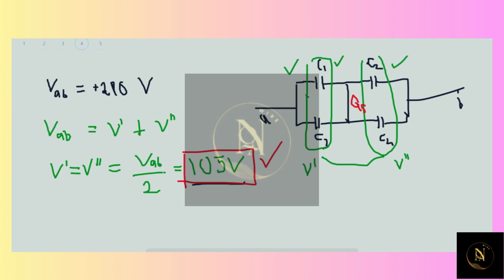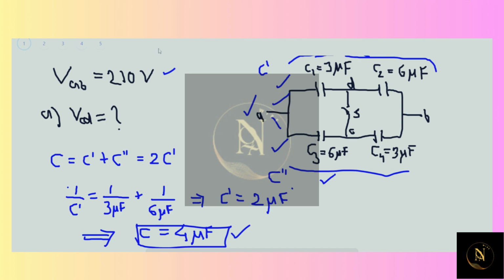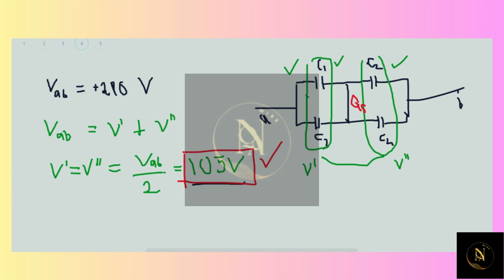As you can see, C1 is 3 microfarad and C2 is 6 microfarad. So the charge which flows through this part of the circuit is nothing but the difference between the charge across C1 and C2.